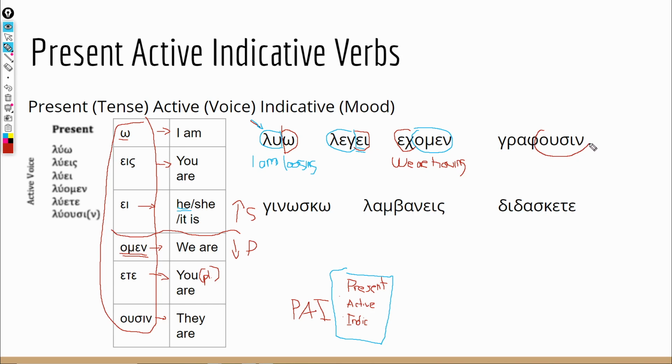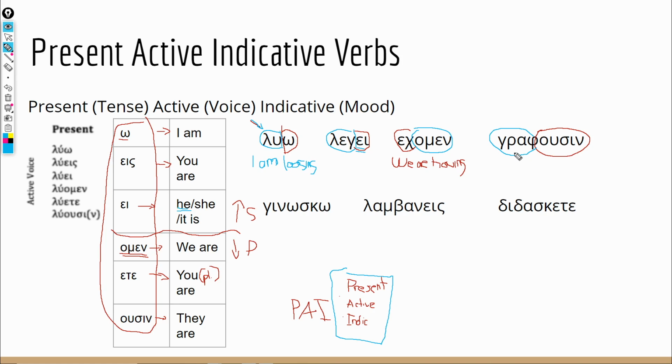Now, I'll just give you a few more examples, and we're kind of coming to the end here. We see usin. Oh, I did that backwards, didn't I? Oh well. Usin and graph. So we pronounce this graphusin. Okay. Graph means like to write. As a noun, often like graphe would mean like scripture or writing.